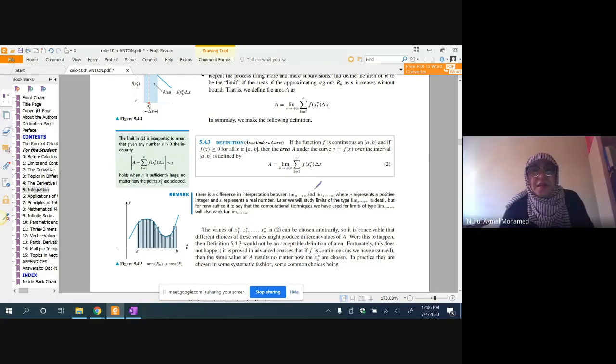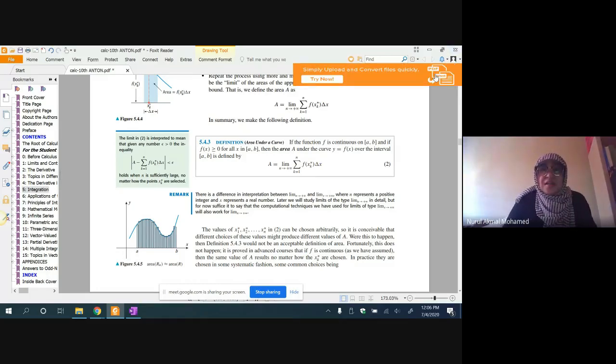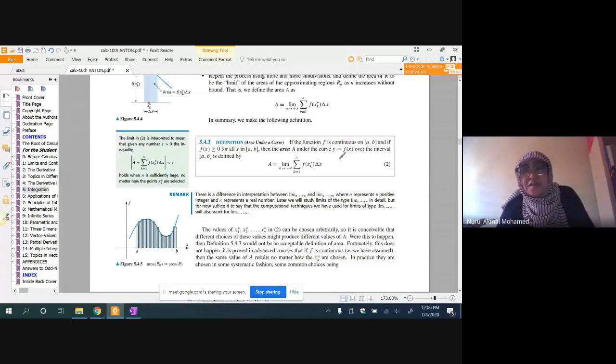And then you have here f of x k star, and delta x. The triangle here is called delta. Delta x here is the length of the subinterval.